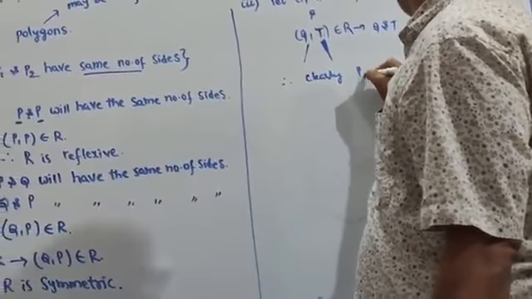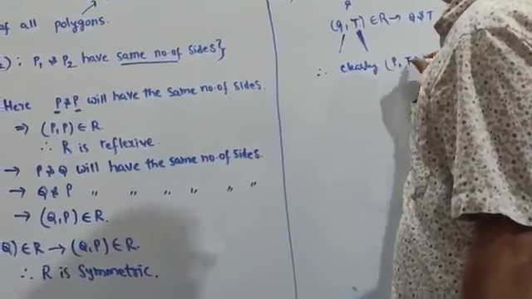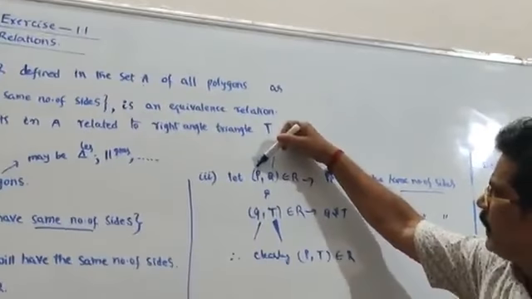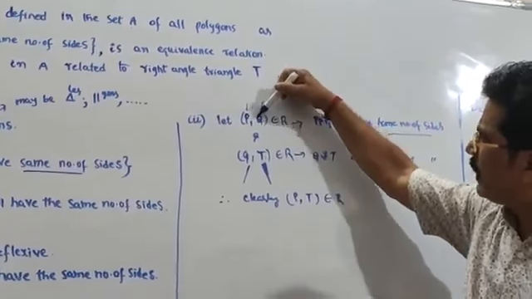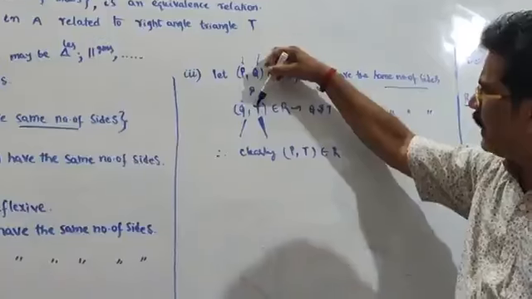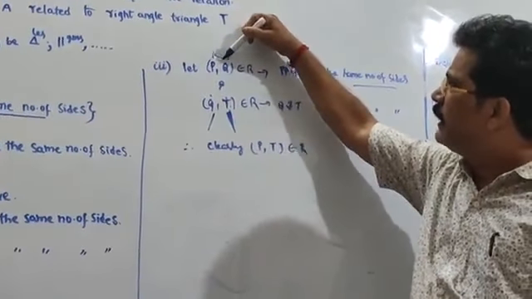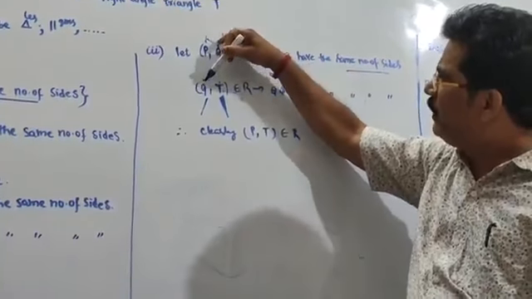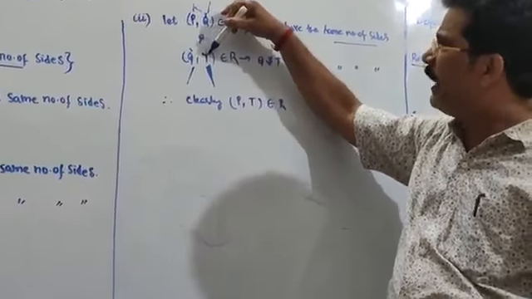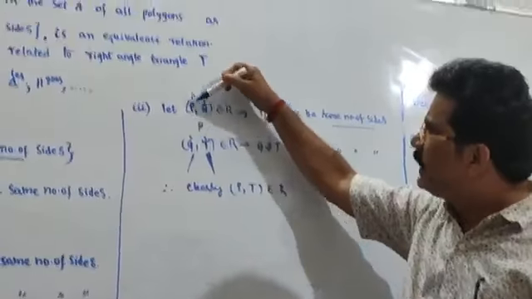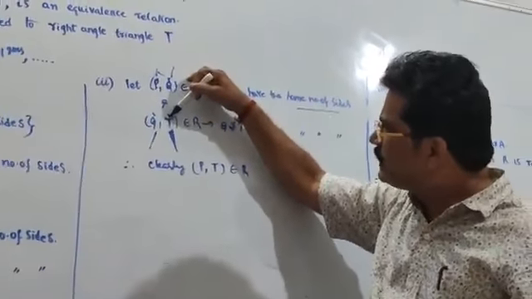So therefore clearly capital P and capital T belong to capital R, because if it is a parallelogram, then it is a parallelogram. If capital P is a triangle, then Q will be the triangle, then T will be the triangle, thus P, T. If P is a triangle, then T is a triangle.